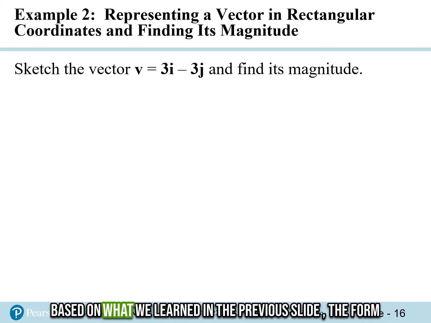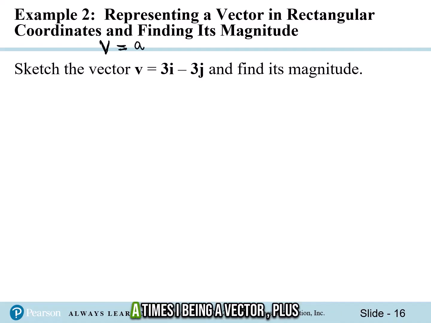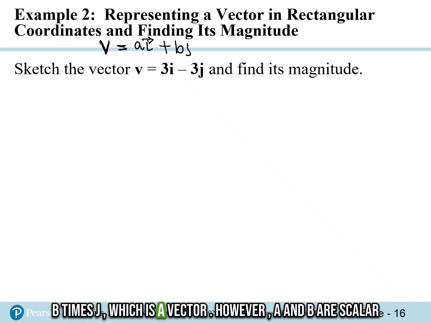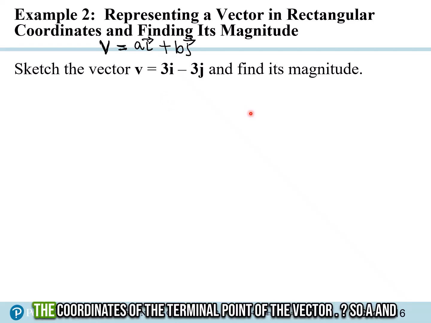Now, based on what we learned in the previous slide, the form is v equals a times i, being a vector, plus b times j, which is also a vector. However, a and b are scalar quantities and they also represent the coordinates of the terminal point of the vector.